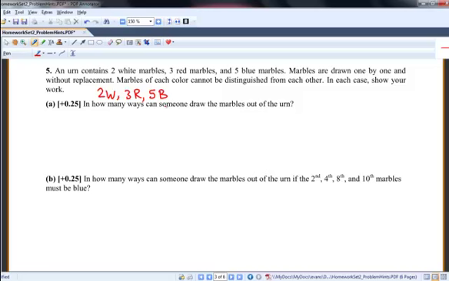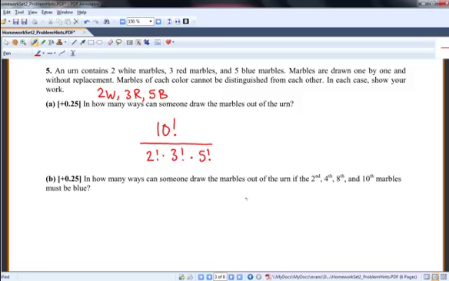Since you have 10 total marbles, there's 10 factorial ways to arrange them, but since you can't tell a blue from a blue or a red from a red, I have to divide out the number of ways I can rearrange the whites, which is 2 factorial, times reds 3 factorial, times blues 5 factorial. Okay, so there's part A, a nice little warm-up exercise.